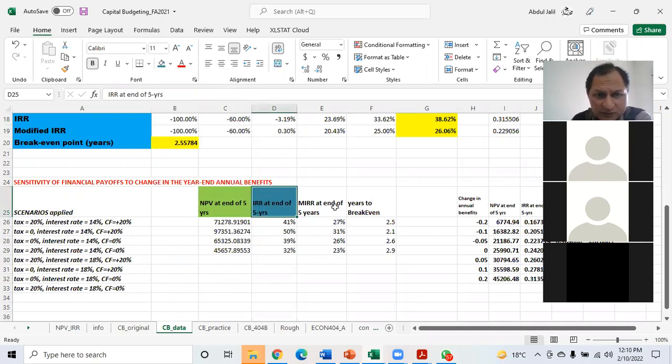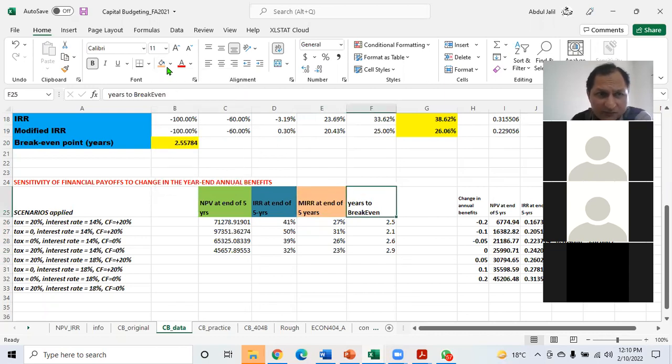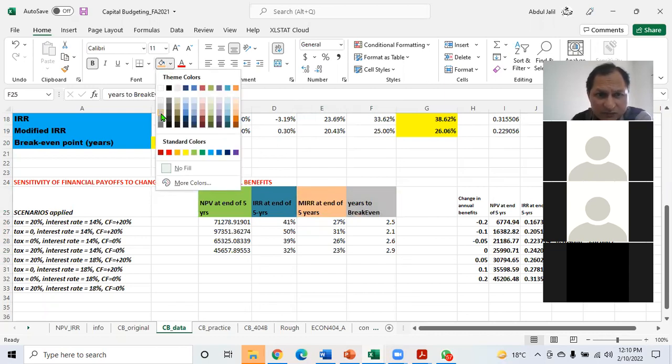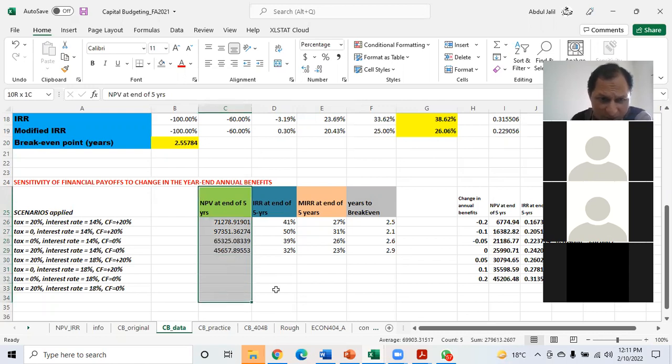Let's suppose this is the MIRR. Give some other color to MIRR. And for the break even year, give some other color. Just to make it clear that you are finding the relevant value, you can make this whole row and column the same color to differentiate them from each other.